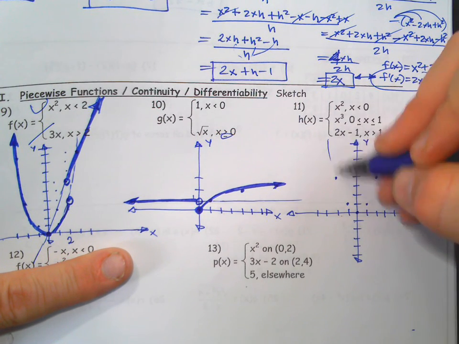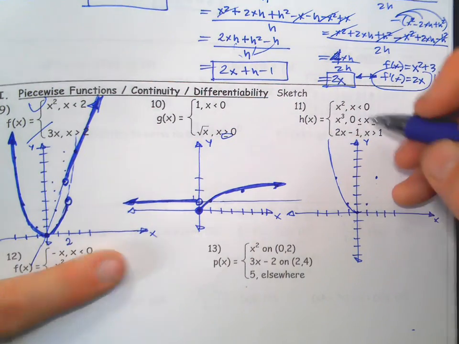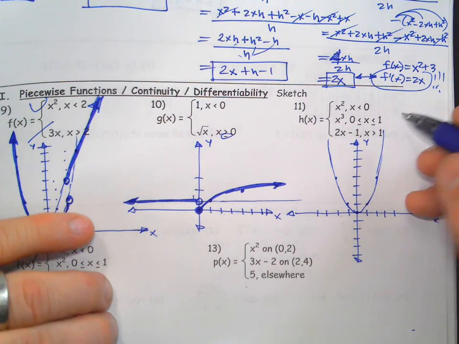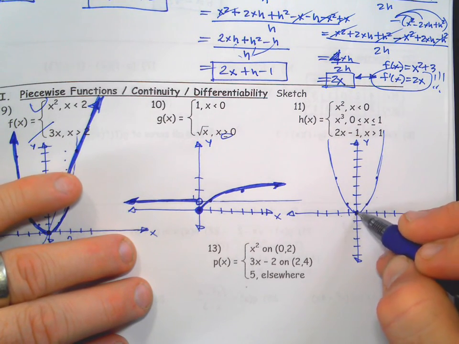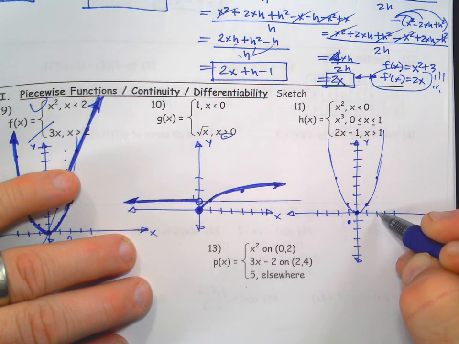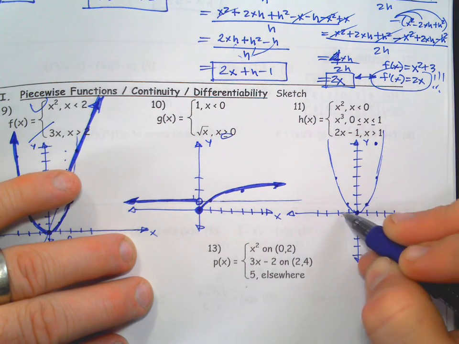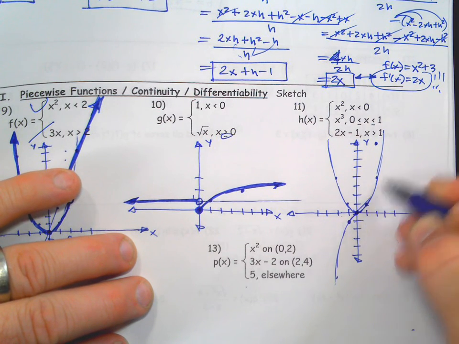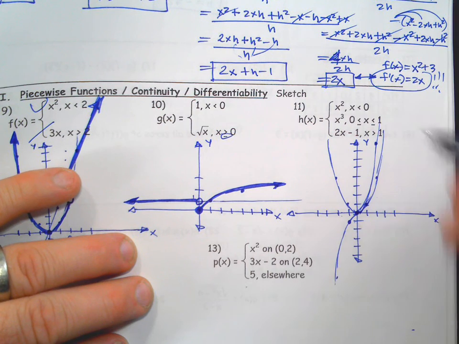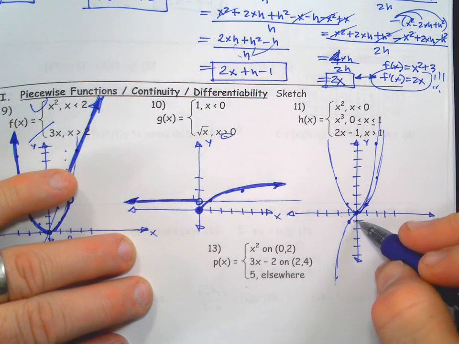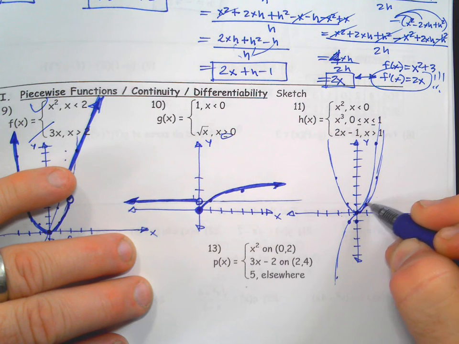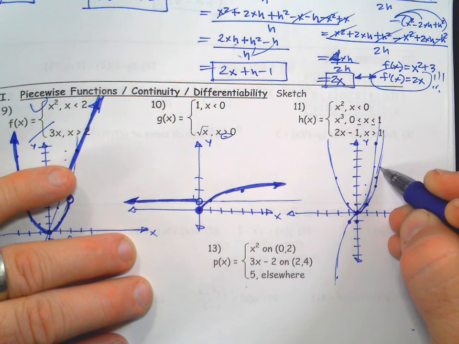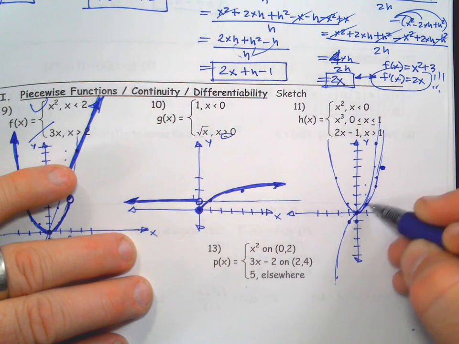So something like that. Lightly, the cubic is 0, 0, 1, 1, negative 1, negative 1, 2, 8, negative 2, negative 8, somewhere down here. Okay, and then the other one's a line that goes through negative 1, has a slope of 2, up 2 over 1, up 2 over 1, up 2 over 1, something like that.